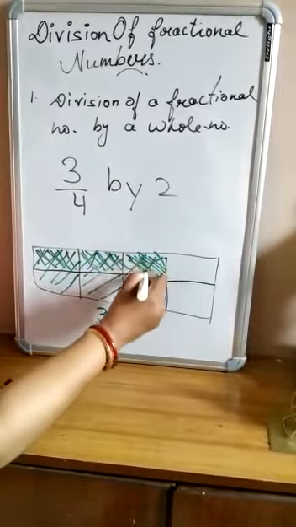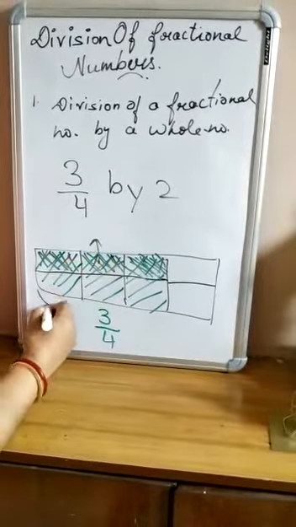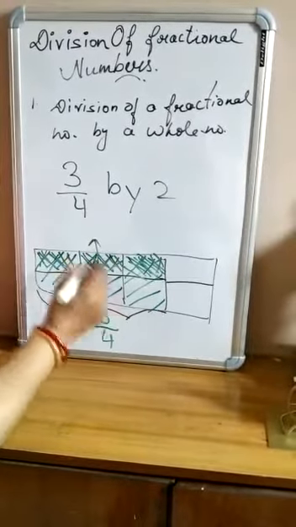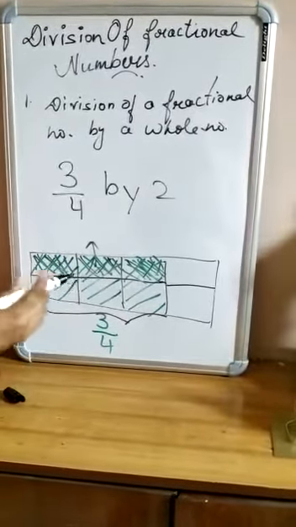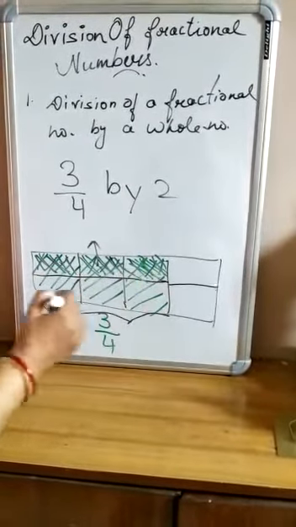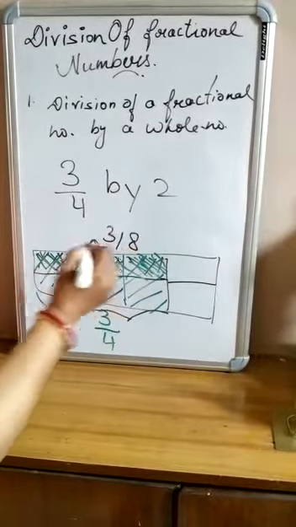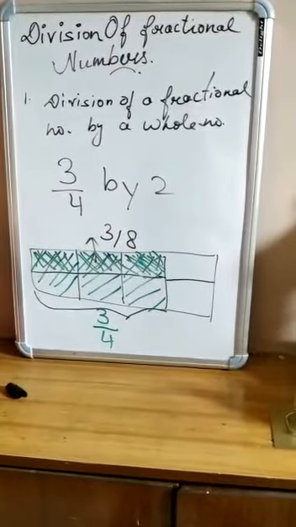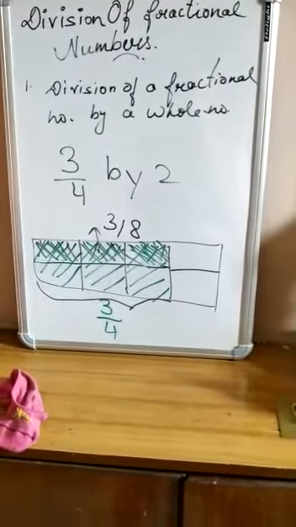This shaded part, this whole, represents 3 by 4. But what does this shaded part represent after I divide this 3 by 4 into 2 equal parts? So this shaded part represents 3 by 8. Correct? Now, let us look at this matter in another way.